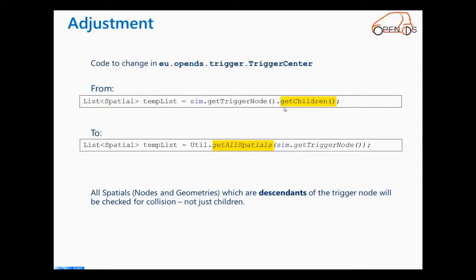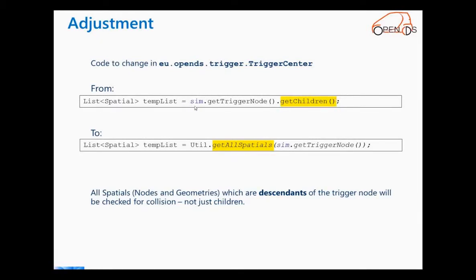However, we don't want to only have the children, as we want to have all descendants. We have to replace this by our own implementation, where we use the method getAllSpatials. This method will query all the descendants of the trigger node and will return a list of spatials as it was done before by only the children.